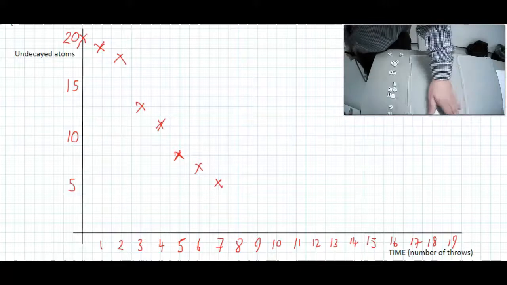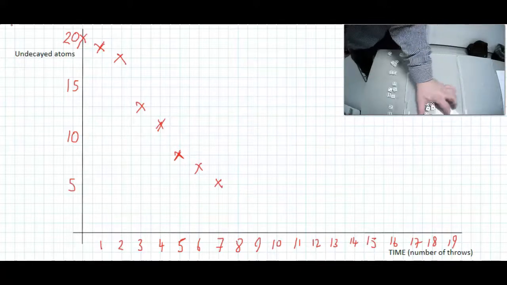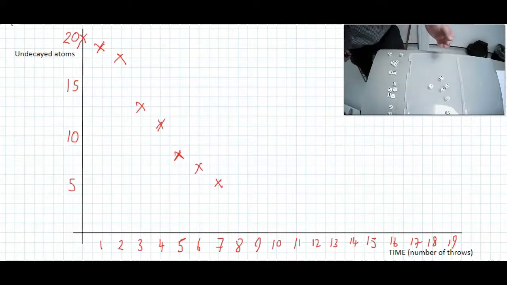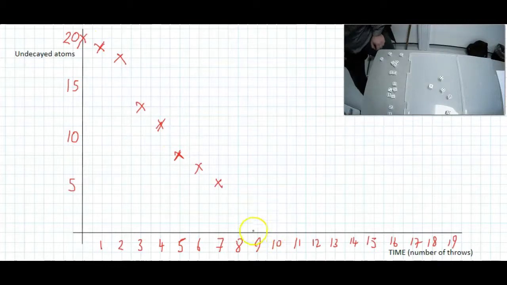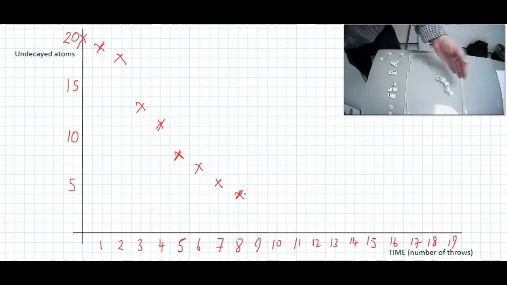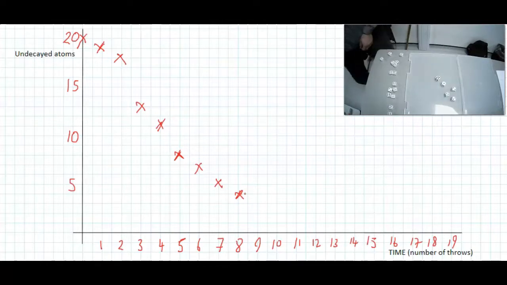Okay, I've done a few more. We're going to keep going. Right, we're on roll number 8. Take another 1 out. Plot the point. I've got none here, so I'm going to keep that the same because time is going on randomly. No dice have landed with a 6.